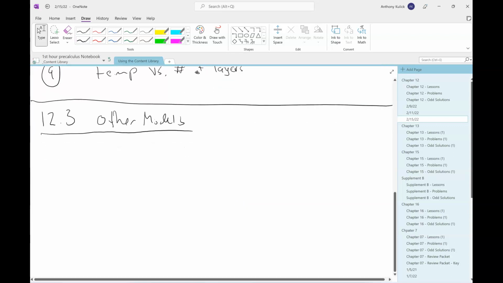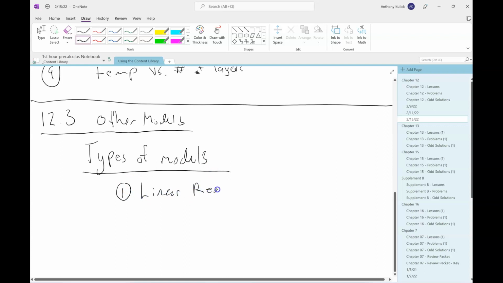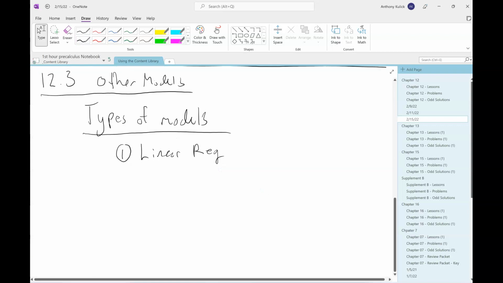Okay, so section 12.3 is basically going to be the same stuff as we've talked about in section 2. Instead of just talking about linear regression, we're going to talk about all these other types of regressions. So linear regression we've talked about.